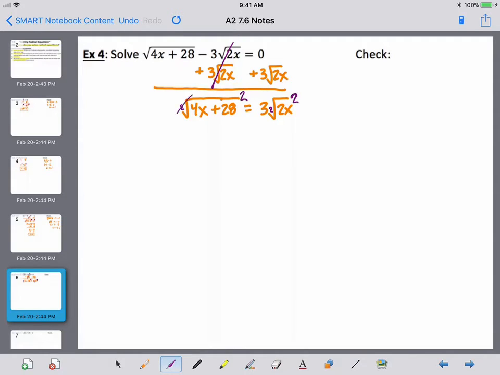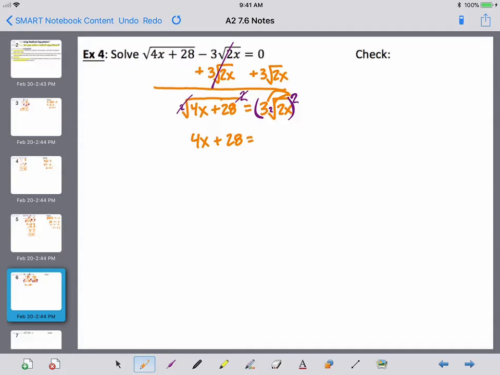Now on this second side of the equation, you need to remember you're actually squaring everything on that other side. Okay, so these will cancel over here, and we'll be left with 4x plus 28. And on the other side, you got to remember that power of 2 is going to go to this 3, and it's going to go to that square root of 2x.